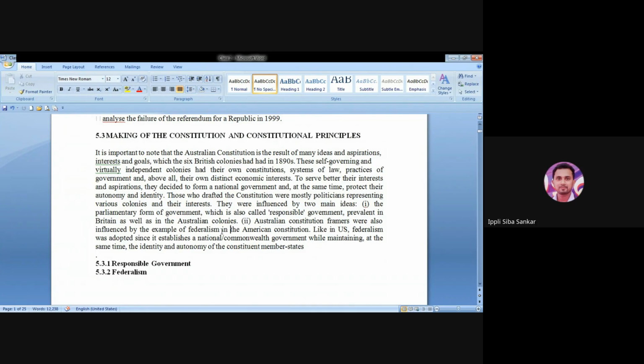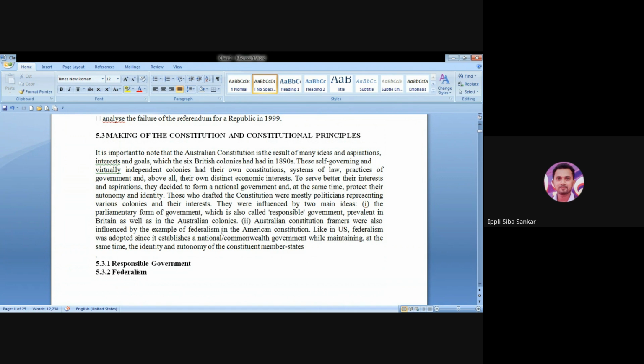But in India, there is no dual citizenship, there is no dual constitution, but there is a dual government. That's why K.C. Wheare says that India is a quasi-federal state. In our constitution, it is nowhere mentioned that India is a federal state.